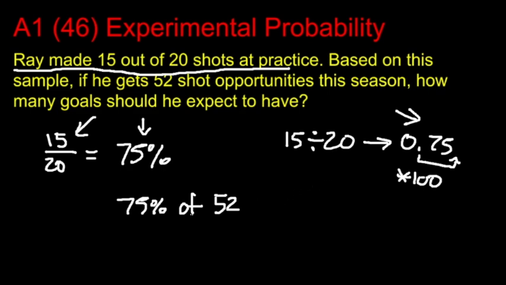Okay, so you could do 75% times 52, or you could do 15 over 20 times 52. Either way, we're going to get 39. Right? 39 is the number of goals he should expect this season.